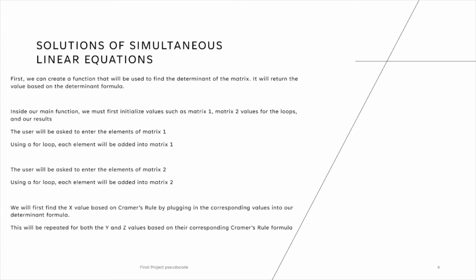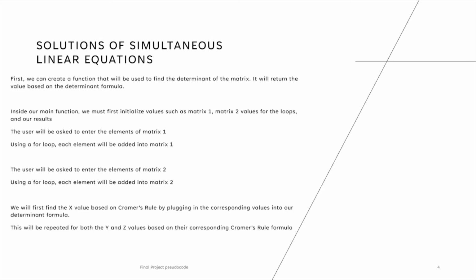To determine the unknown x value, we will find the determinant of a matrix with columns of the solution matrix, the y variables, and the z variables. To determine the unknown y value, we will find the determinant of a matrix with columns of the x variable, the solutions matrix, and the z variables.